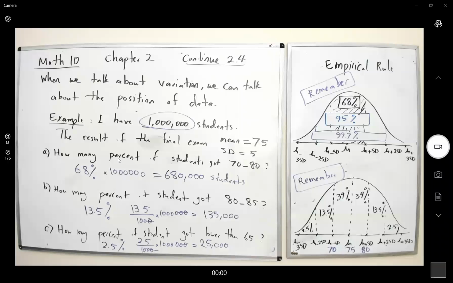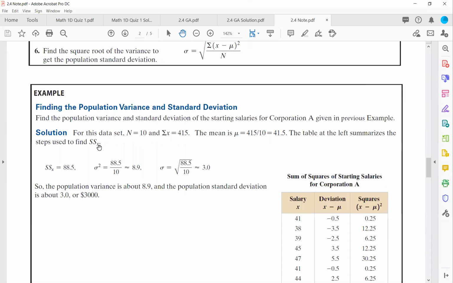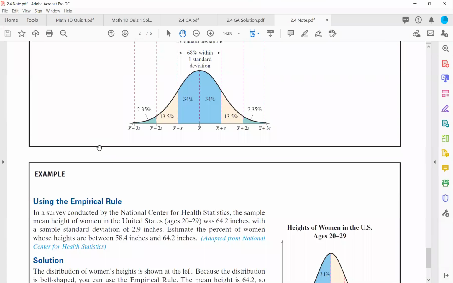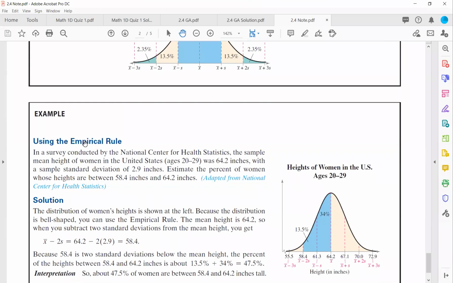Very well. Let us take a look at our last page on 2.4. Here we go. Question says, using the empirical rule, in a survey conducted by the National Center for Health Statistics, the sample mean height of women in the United States ages 20 to 29 was 64.2 inches.